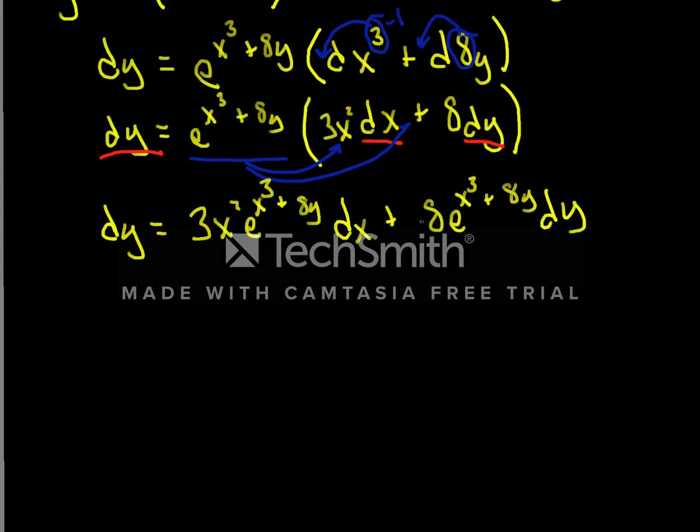Now I'll bring all my dy's to one side, so easiest to just bring it to the left-hand side. This is my coefficient in front of this dy. I've got a 1, right? We don't write it, but there's always a 1 in front of that coefficient.